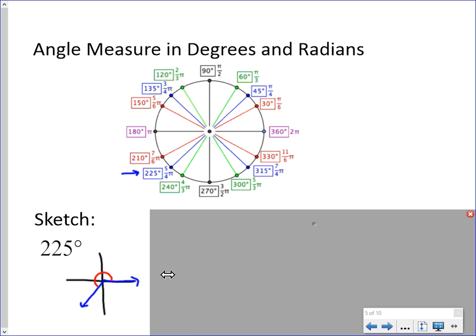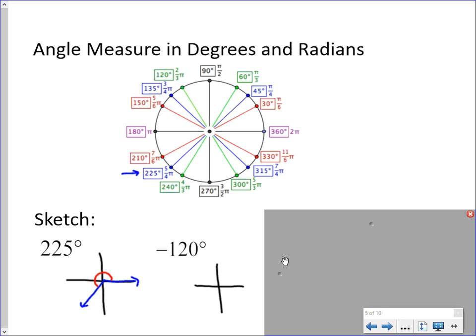We could also sketch something like negative 120 degrees. What changes about negative 120? It goes the opposite direction. We should draw our initial side on the positive x-axis. Now instead of going counterclockwise through quadrant 1 and quadrant 2, we're going to be going clockwise through quadrant 3 and quadrant 4.